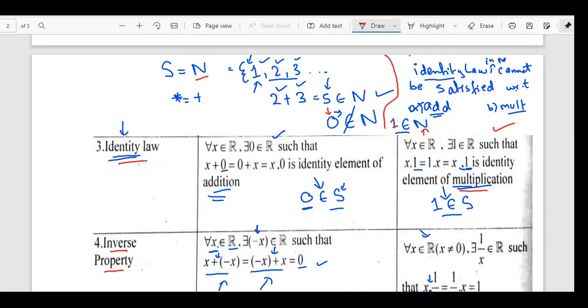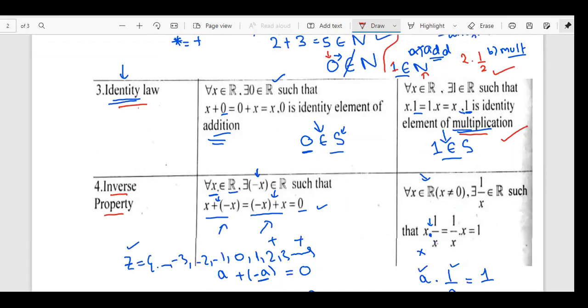No, because let's say if my element is 2, I do not have 1 by 2 in natural numbers, right? I only have whole numbers. So multiplicative inverses are not there in the set of natural numbers. So this means that although things were clear till the identity law, the inverse property is not satisfied, right?